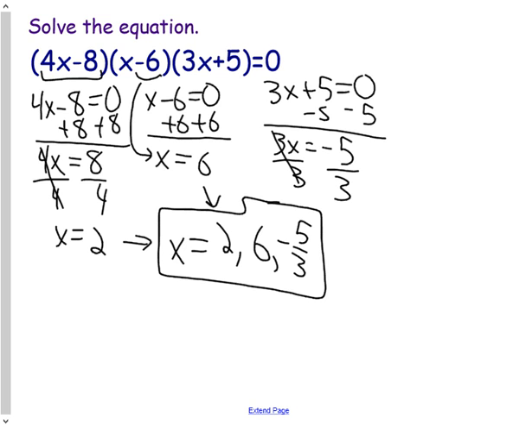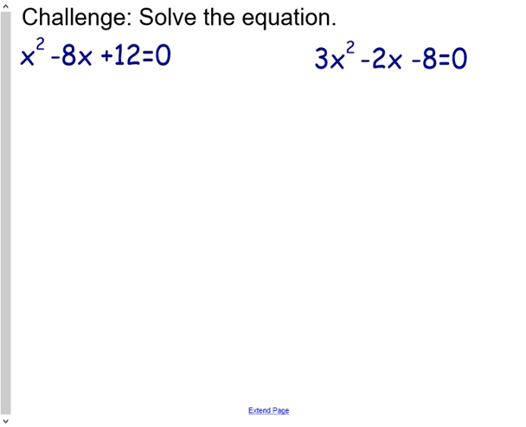Now the last one is more about a point. Challenge, solve the equation. Now again, where do factoring and solving come into play? Solving a factored equation is basically the step after this, right? x squared minus 8x plus 12 equals 0. What we're doing here, just like factoring, is a little bit of review. What numbers multiply to 12 and add to minus 8?